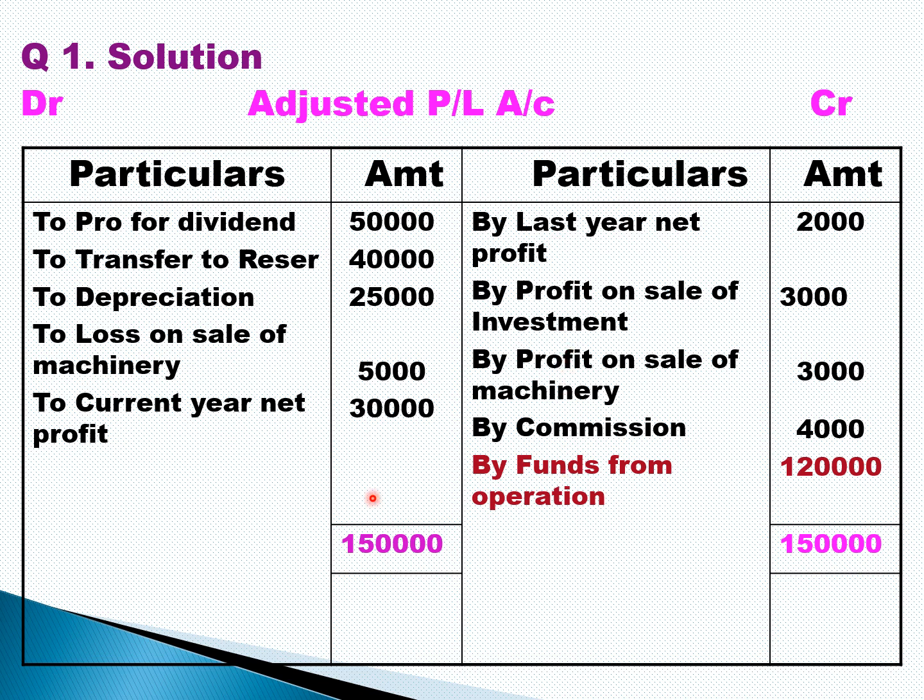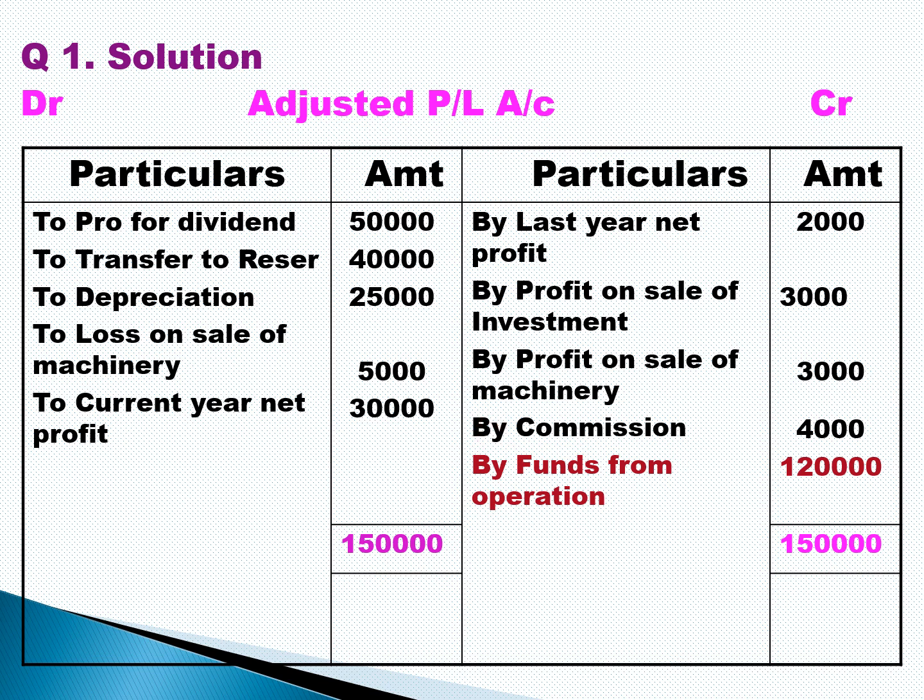Total of the debit side 1,50,000 minus 2,000 minus 3,000 minus 3,000 minus 4,000. You get funds from operations 1,20,000. So it is the working capital that we got through conducting business operations.